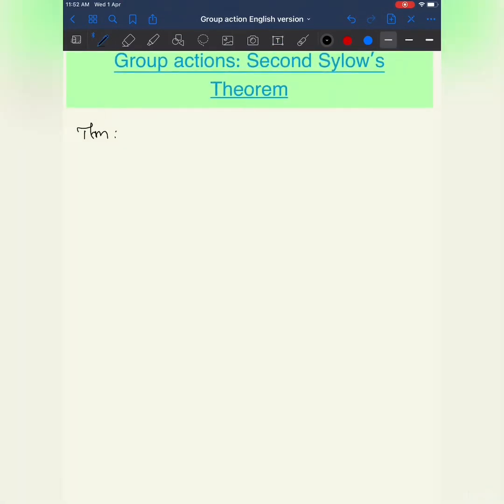Theorem. The statement says that, similarly, let G be a finite group and the order of G equal to n, that is p^α m, with p not dividing m, the usual notations.